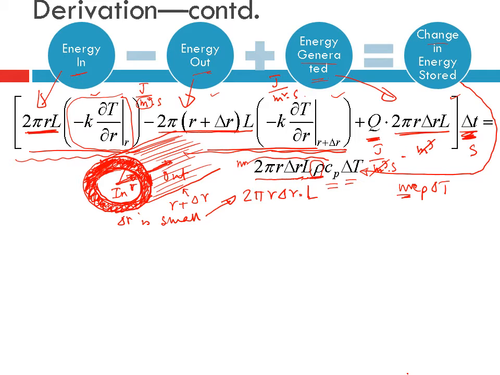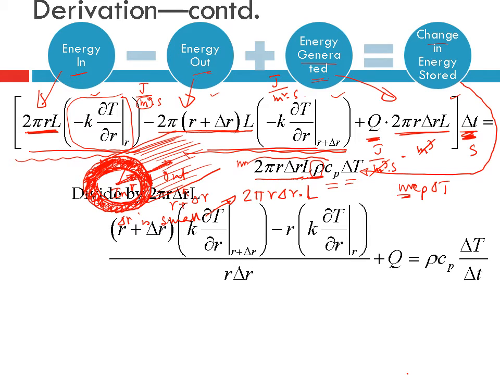Okay, so we're ready to start to simplify. So if I divide by 2 pi r delta R L, so I divide everything by 2 pi r delta R L, just like in the past we divided by delta x, delta y, delta z.